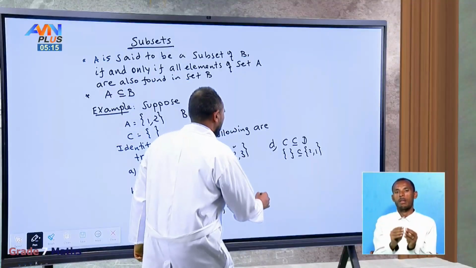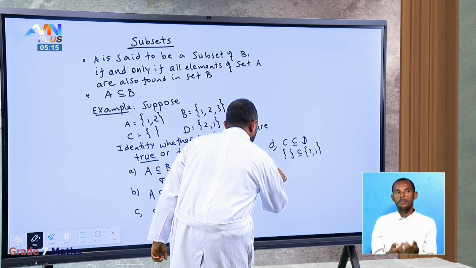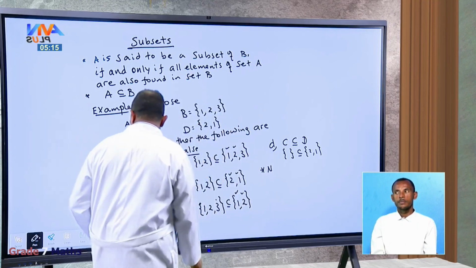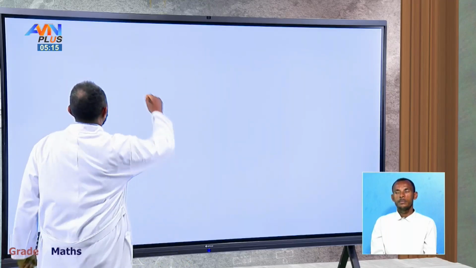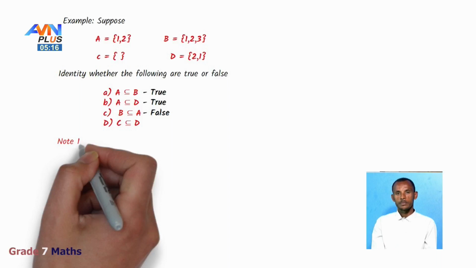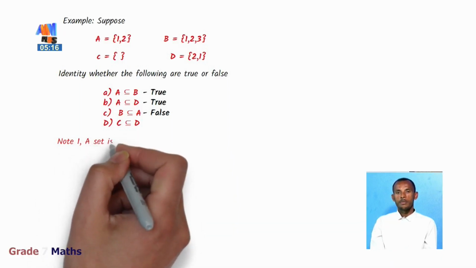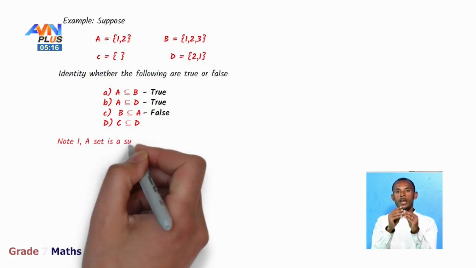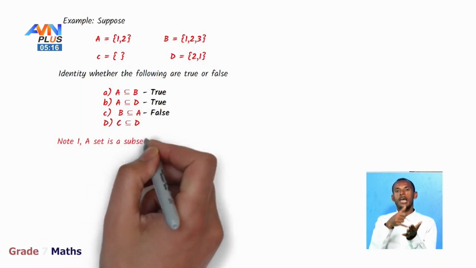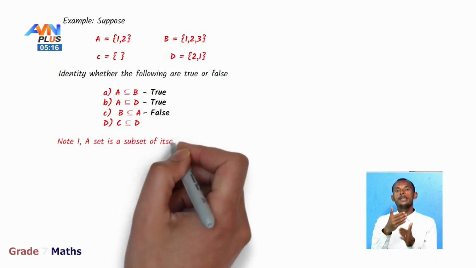So, let me write the conclusion here. Note. 1. A set is a subset of itself.